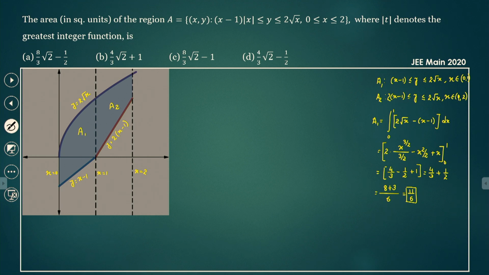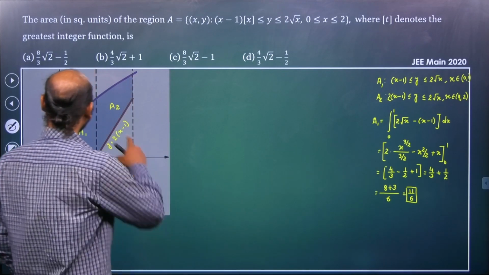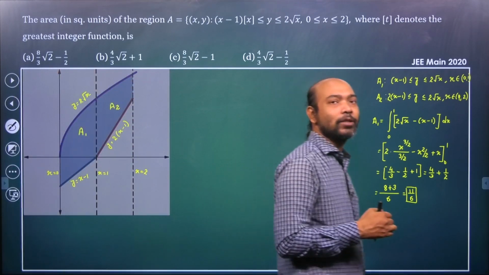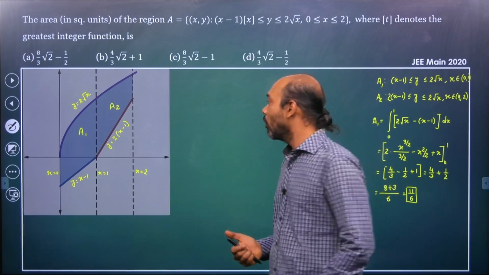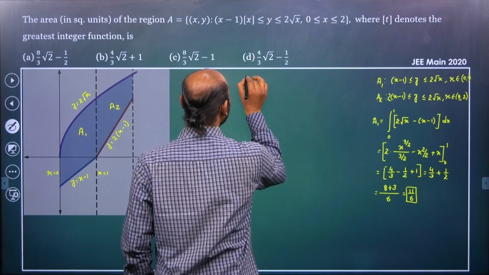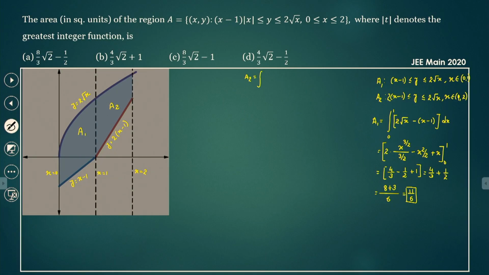Now we need to calculate the area A2. The topmost curve is 2 root x, the bottommost curve is 2x minus 1, and it lies between x equal to 1 and x equal to 2. So A2 is the integral from 1 to 2 of 2 times root x minus 2 times (x minus 1) dx. Taking 2 common, it's the integral from 1 to 2 of root x minus x plus 1 dx.